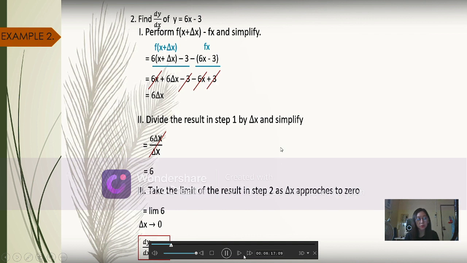So, kunin lang ulit natin yung limit na nakuha natin sa step 2 as delta x approaches to 0. So, wala tayong pagsasubstitutan ulit ng 0, at dahil siya ay constant, dy over dx is equal to 6. The answer is 6.